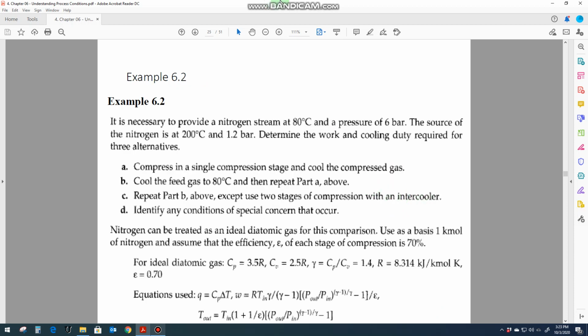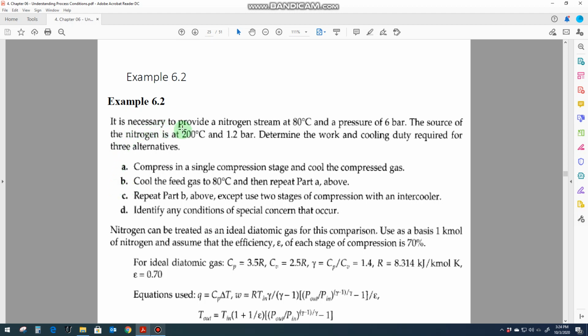Now let us see this example here, and we will see how we can actually look at process reliability. It is necessary to provide a nitrogen stream at 80 degrees C and a pressure of 6 bar. So this is the final condition. Now let us solve this example and see which process is more reliable and what different kinds of process alternatives we can make.